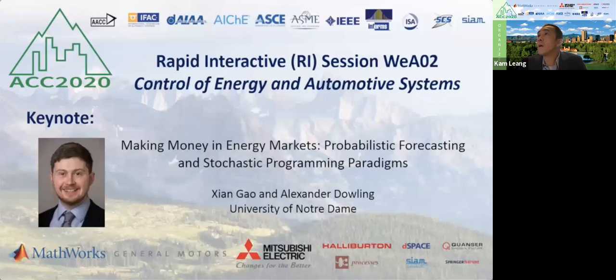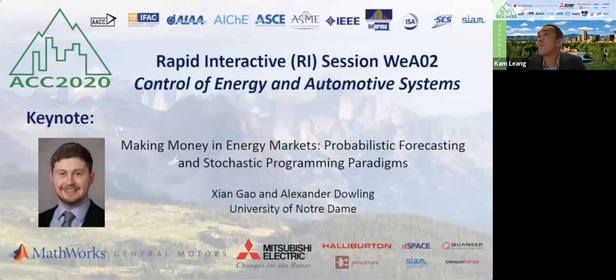Just a few reminders and a little bit of an intro to how this is going to work. This rapid interactive session will contain essentially 23 talks from 23 papers, with a focused emphasis on control of energy and automotive systems.